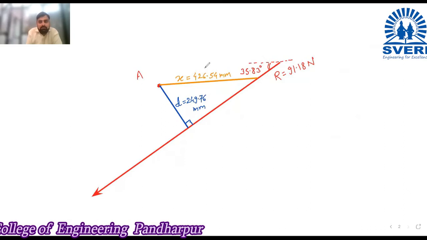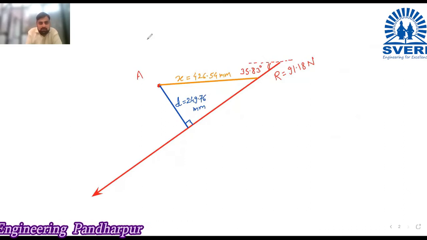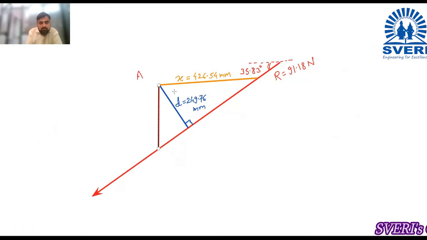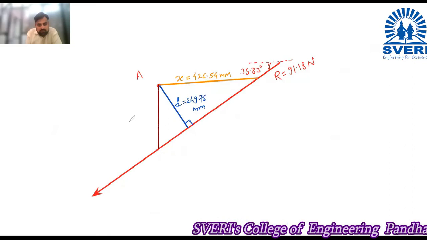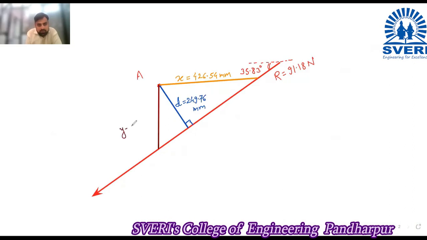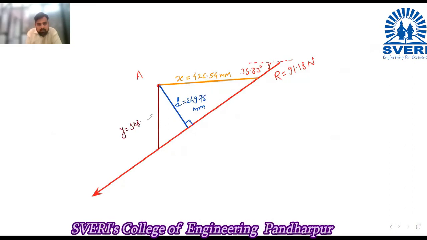And lastly, this is the y distance, and its value is 308.16. So y is 308.16 mm.